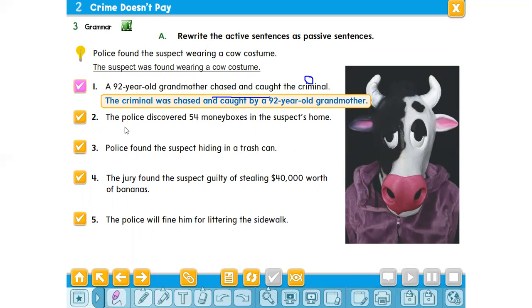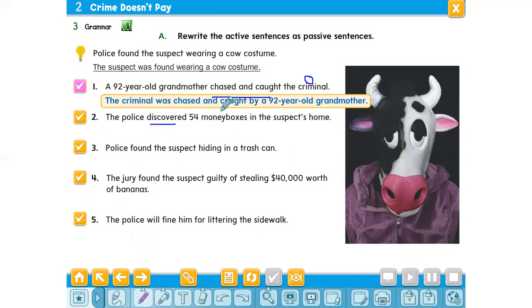Number 2, the police discovered 54 money boxes in the suspect's home. We will determine what the verb is. Excellent. The verb here is in the past form. And where is the object?